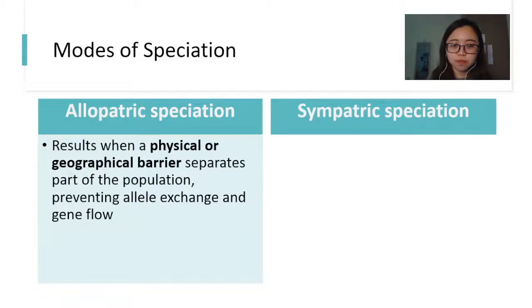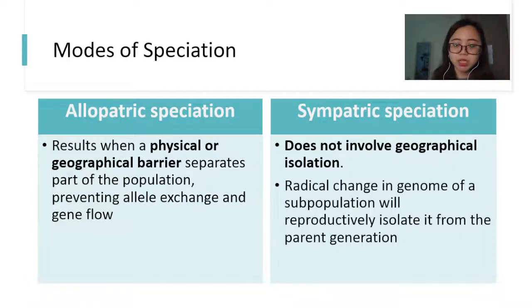Allopatric speciation is speciation that occurs when a physical or geographical barrier separates part of the population and prevents allele exchange and gene flow. Something separates a population so that the left side and right side are apart. They become different enough that they cannot breed when they meet again. That is allopatric speciation. Sympatric speciation is speciation that does not involve geographical isolation.